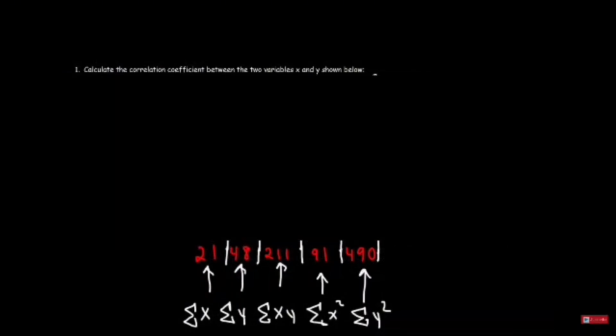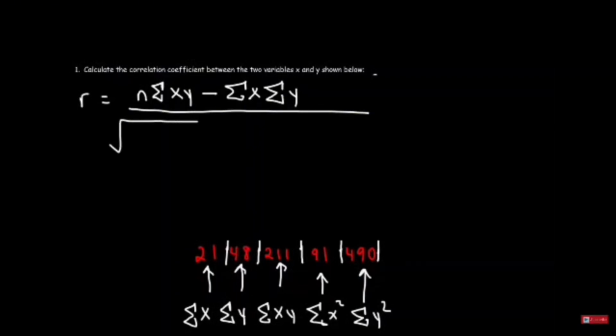And here's the formula that we need. So the correlation coefficient R, which in some equations is represented by the Greek symbol rho, it's equal to n times the sum of xy minus the sum of x times the sum of y, divided by the square root, and inside the square root it's going to be n times the sum of the x squared values minus the sum of x values, but we're going to square that.